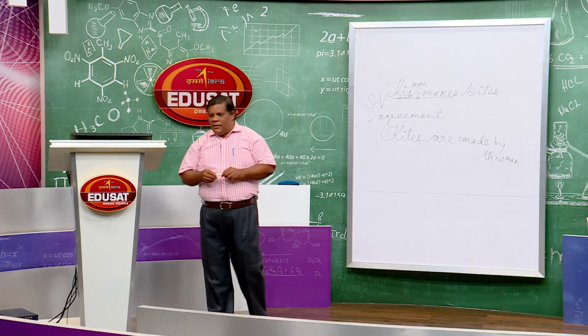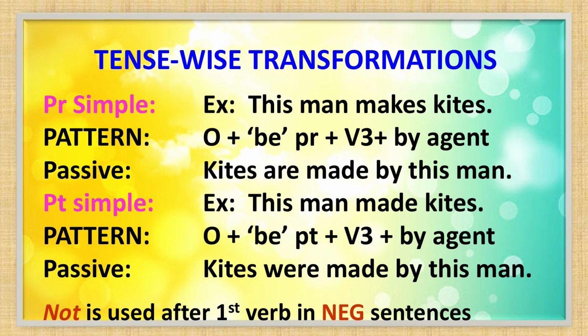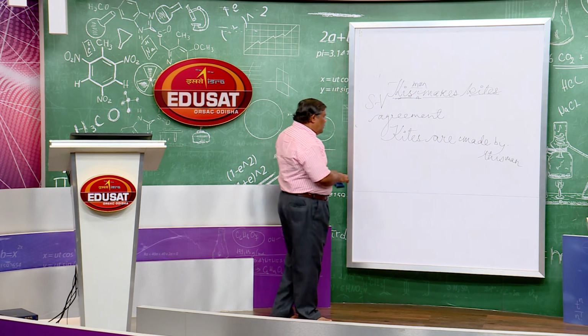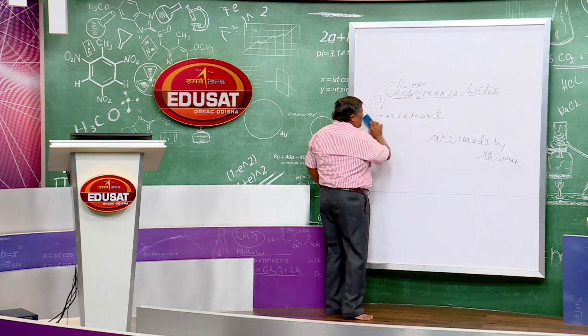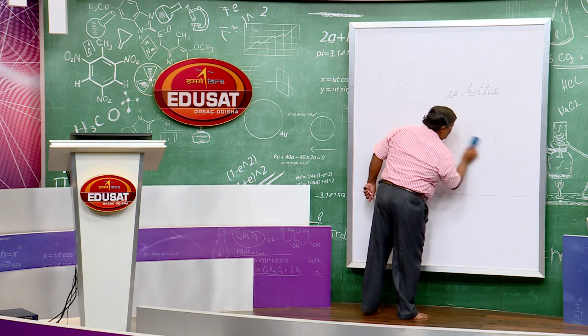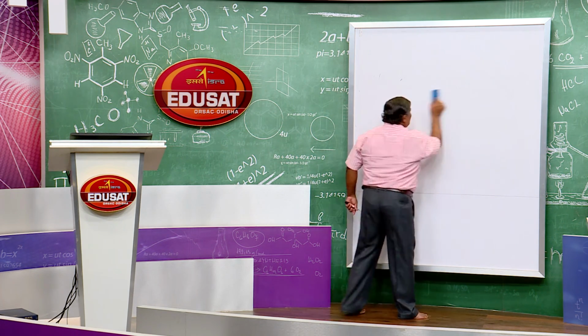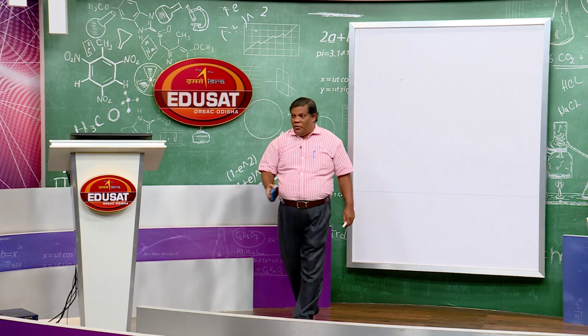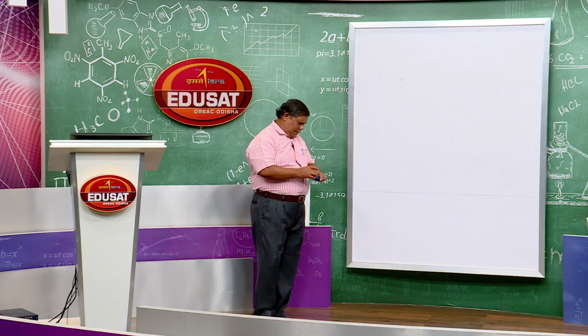Subject verb agreement is important, therefore now come to the tense wise transformation of sentences. Before going to that, we have to take care of the objects, and let me let you know the things for better recapitulation. What are the things required for transformation of sentences?